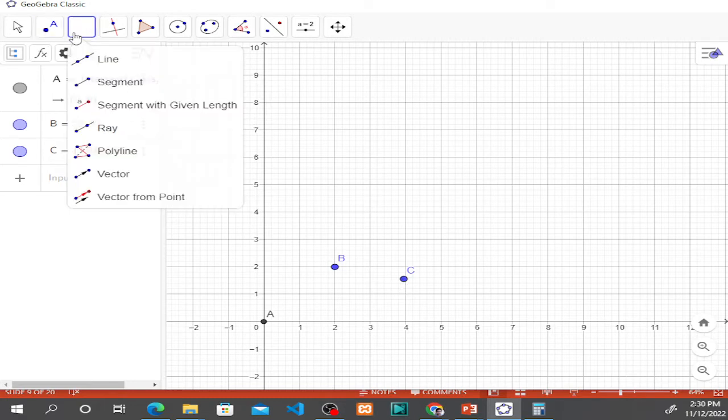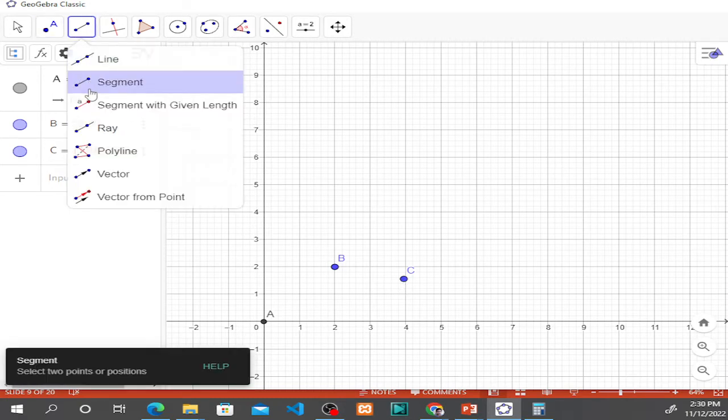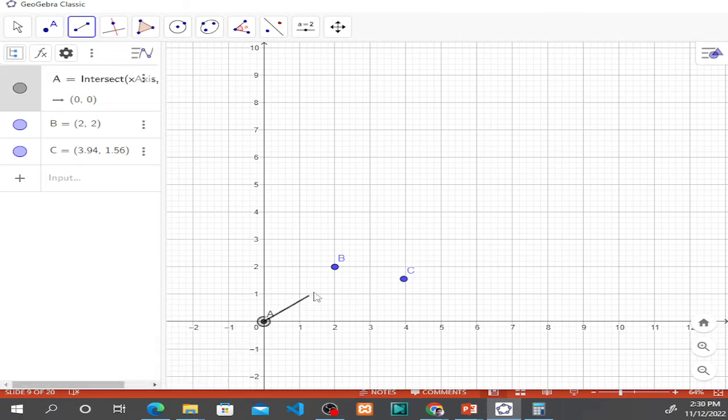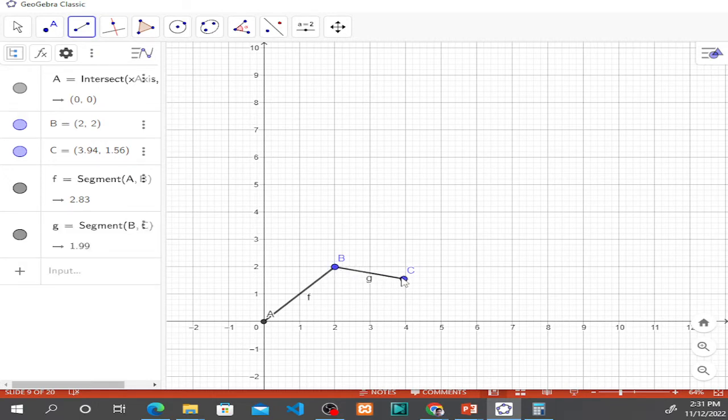So we can actually connect the points using line segments, and as you can see the line segments are getting plotted, and we will see that the length of line segment G from B is 1.99, and so with segment F, which is 2.83.